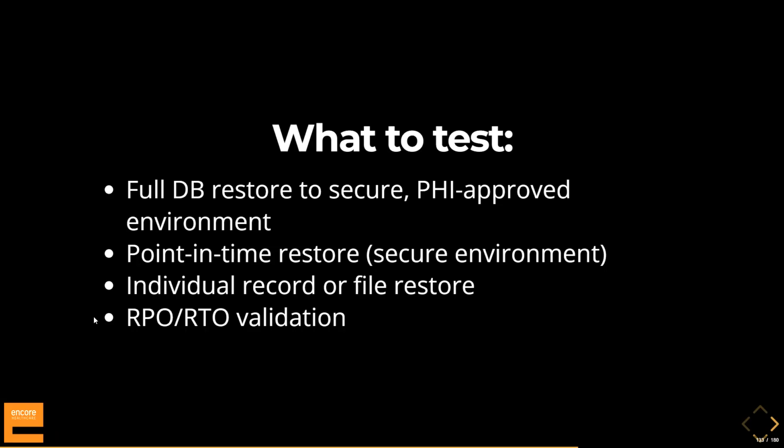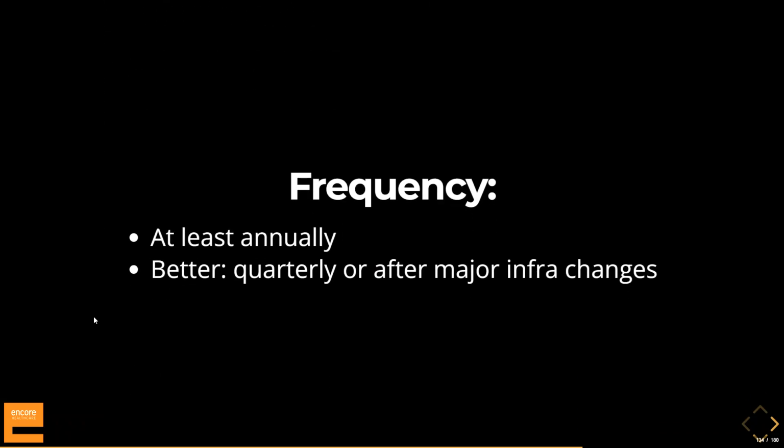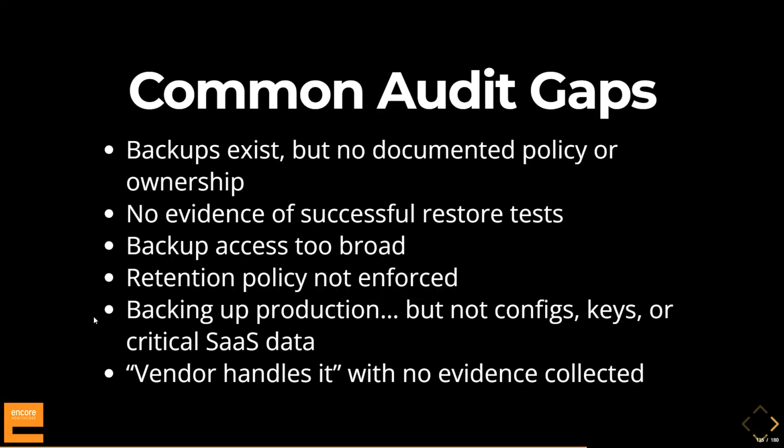Test that you're not losing greater than your RPO time, or that you can get it restored within your RTO time. And you have to test it at least annually. I think right now we're testing it annually, but we really should test it more often. Some backup audit gaps are you're not doing some of the stuff I just said.